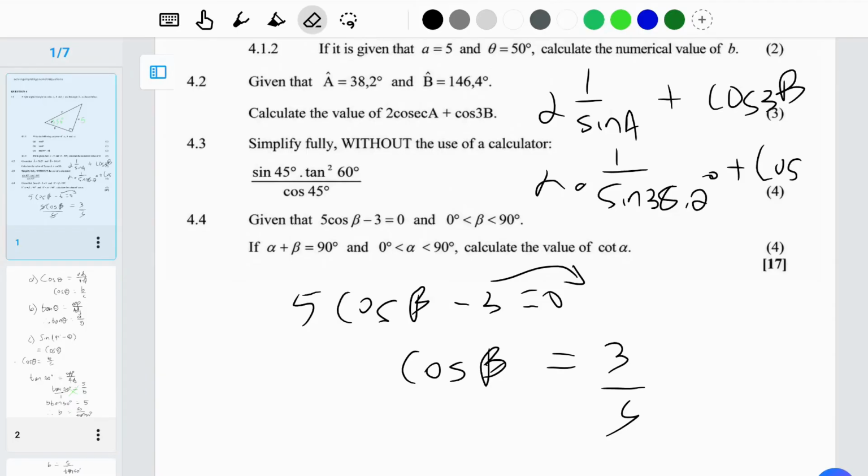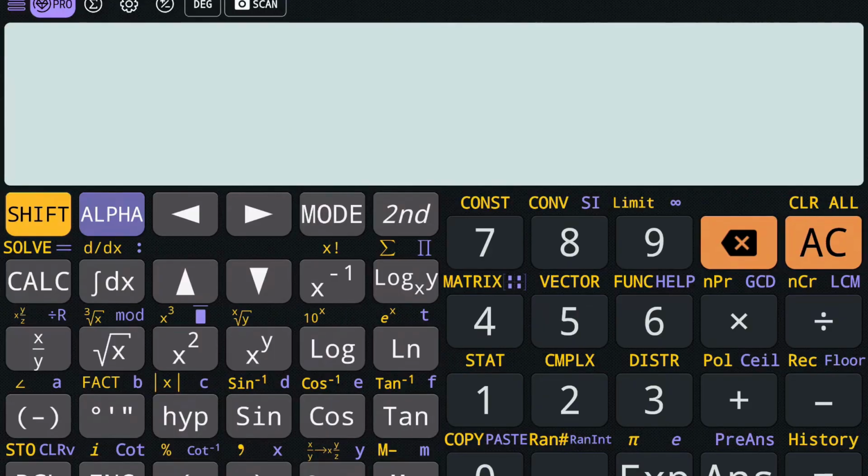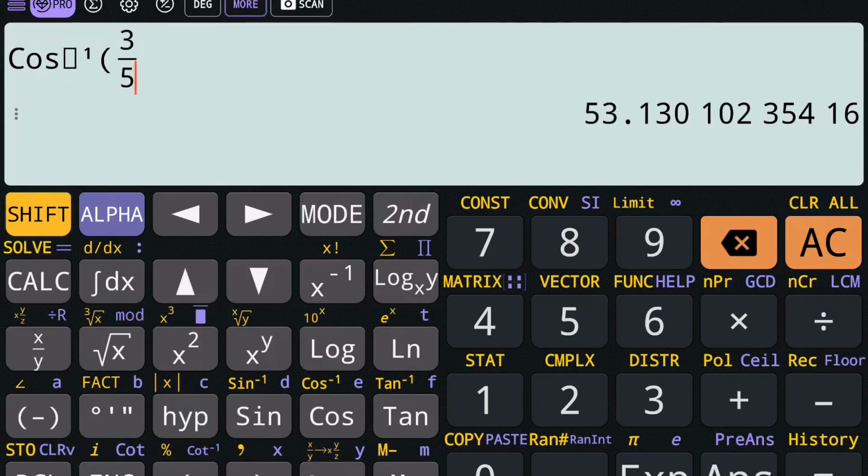And how do we find an angle? We use the second function, so we say shift cos minus 1 of 3 over 5. Let's go to our calculator. We say shift cos, which gives you cos to the minus 1, and we say 3 over 5. And what does that give you? 53.130 degrees.